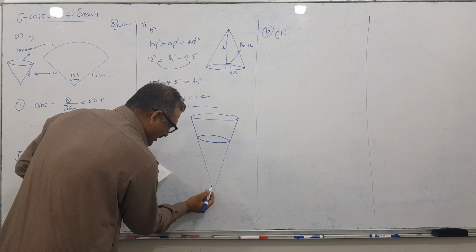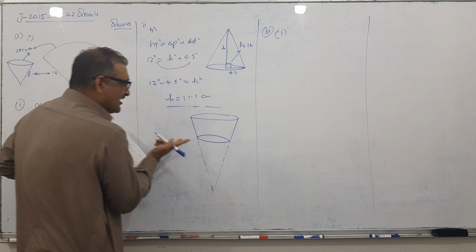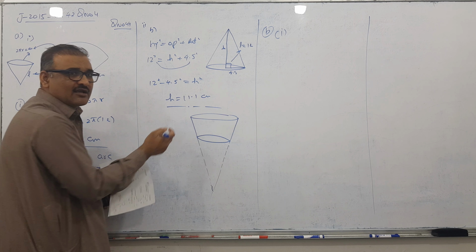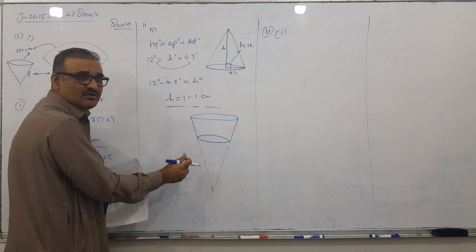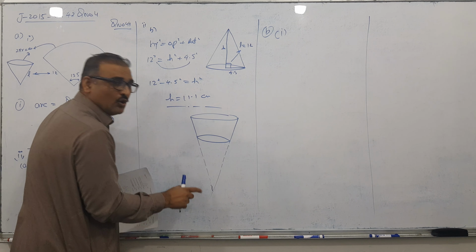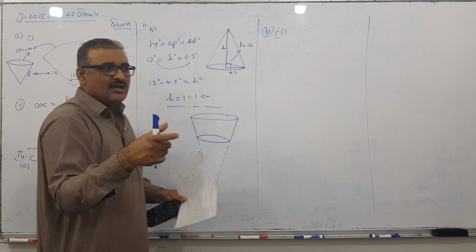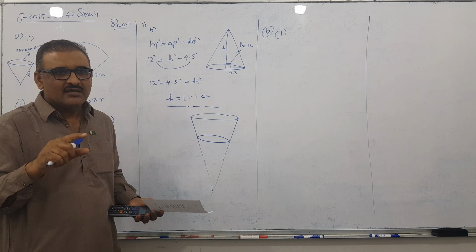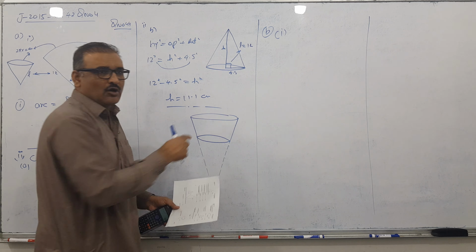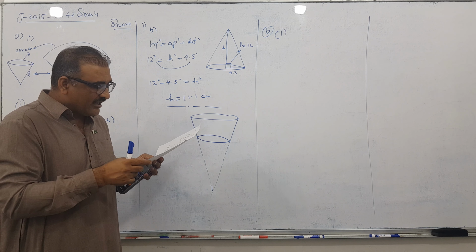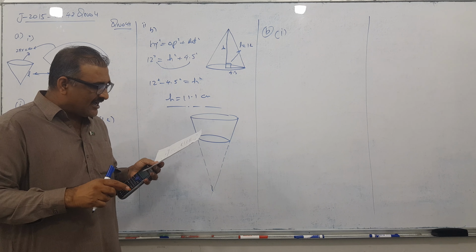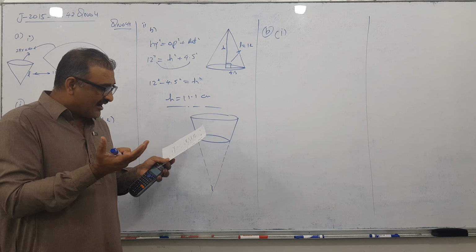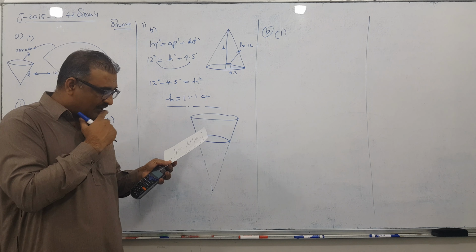He cut the lower part from the longer cone, and he got a cup. It's also called a frustum, without top and without bottom. He's saying that this is a plant pot, and he asks us to find this cross-section area given.